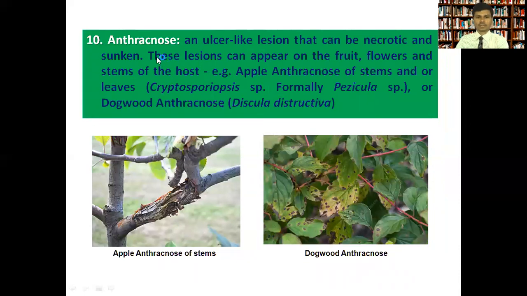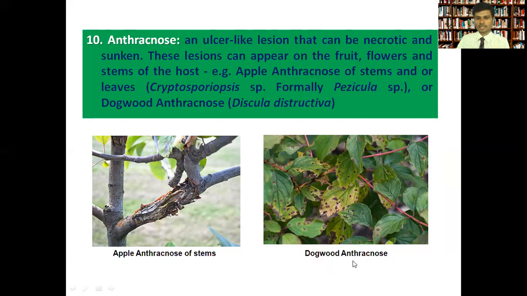Then anthracnose. Here you can see apple anthracnose of stem, with ulcer-like lesions that can be necrotic and sunken. The spots are deeply situated, which is called sunken. These lesions can appear on fruit, flowers, and stems of the host plant. Example, apple anthracnose of stems and leaves, or dogwood anthracnose.